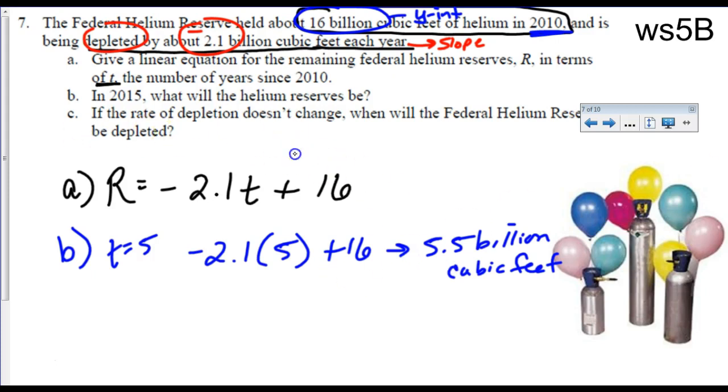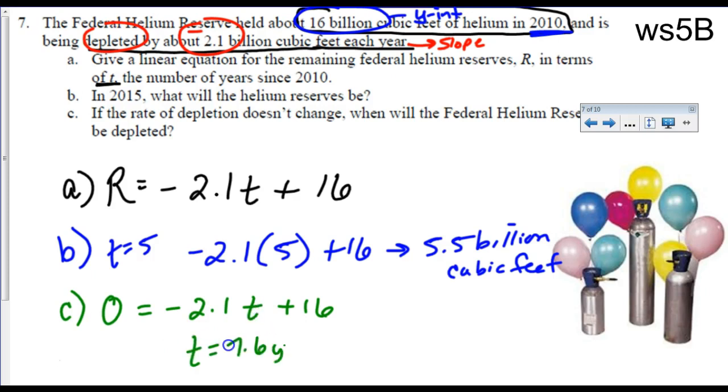All right, and then part C, if the rate of depletion doesn't change, when will it be totally depleted? So when will the reserve be 0 is what they're asking. So 0 happens, I don't know, we got to calculate that. So negative 2.1 T plus 16, how many years after 2010? Do a little solve in here, and we find out it's about 7.6 years.